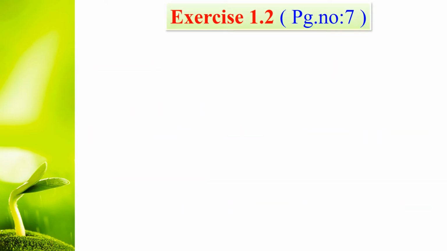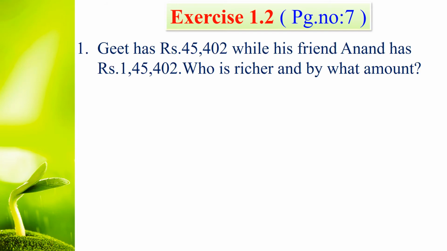Now, coming to exercise 1.2. The first sum. Geet has rupees 45,402, while his friend Anand has rupees 1,45,402. Who is richer and by what amount?